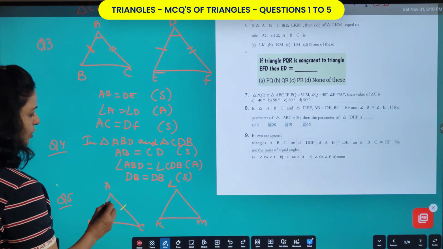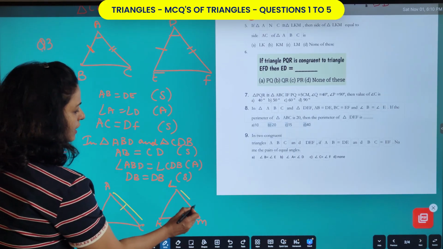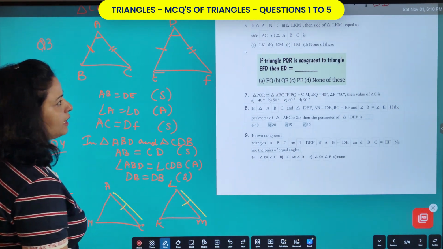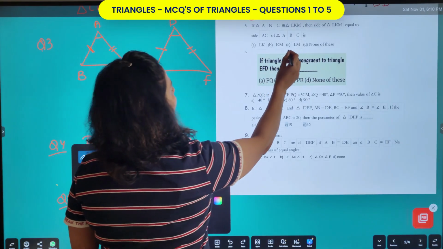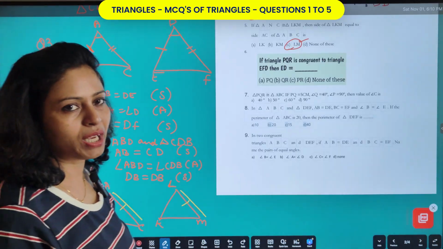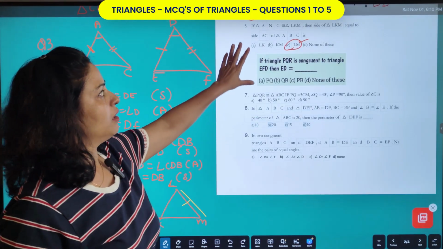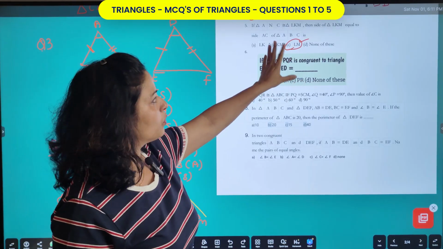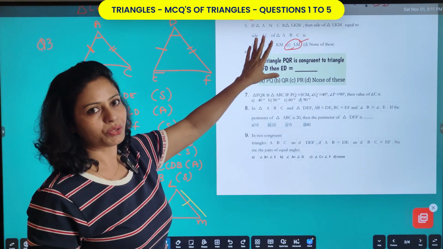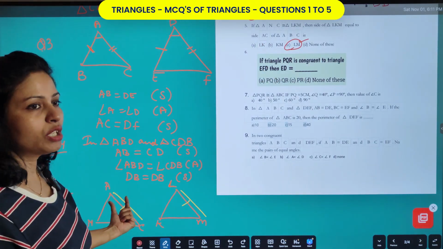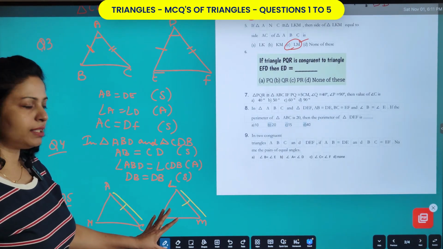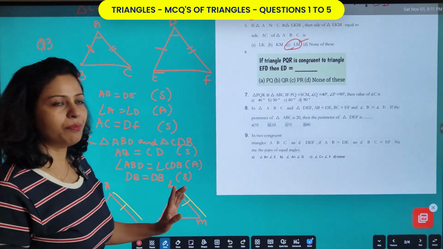So AC's corresponding side is LM. So LM is the side which is equal to the side AC of triangle ABC. They have given that the triangles are congruent, so we just have to pick the corresponding side of AC. Once you draw the diagram, you will understand the corresponding side of AC is LM. All right.